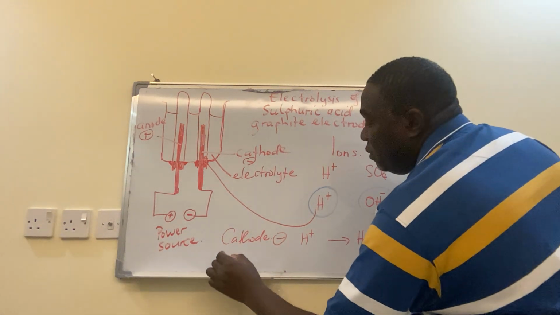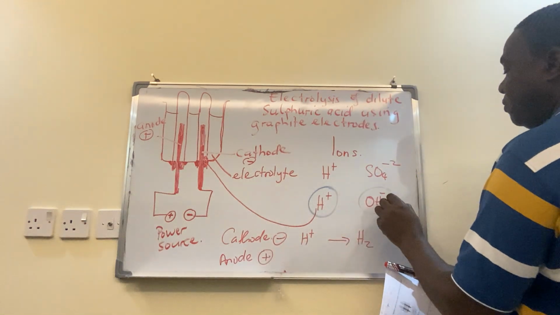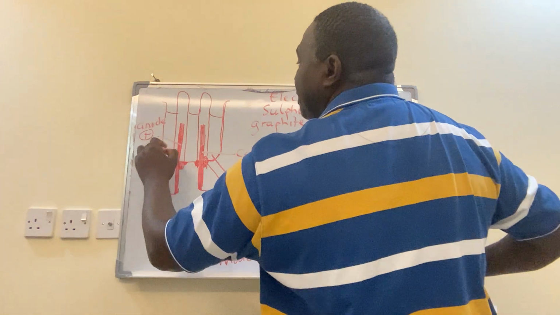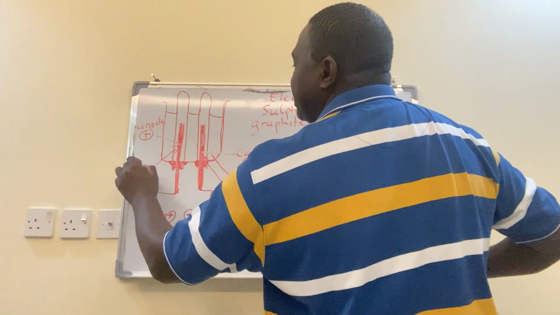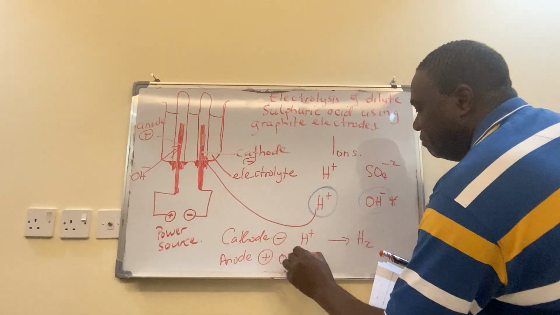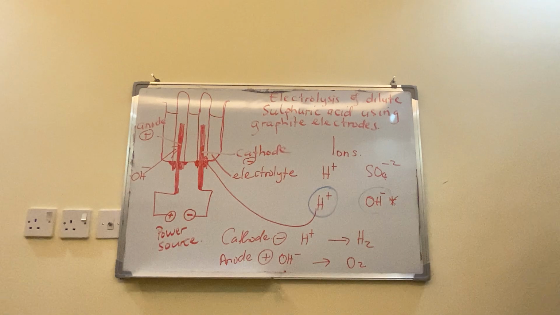And then if you look at the anode, it is positively charged. So this OH minus will migrate to the anode. So we're going to have OH minus ion migrating here, and when it reaches here, the OH minus will result in the discharge of oxygen.